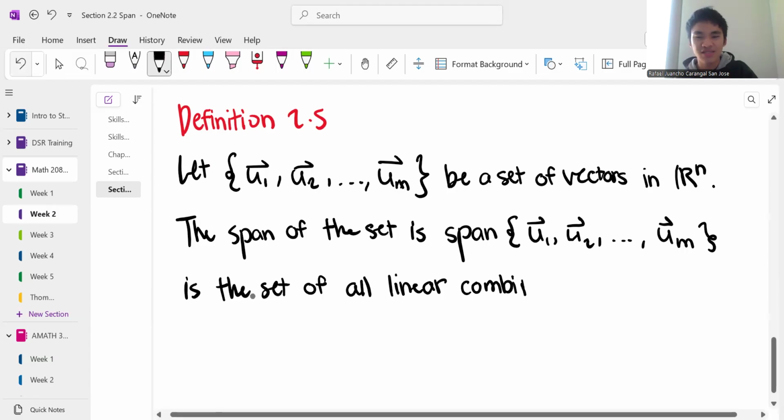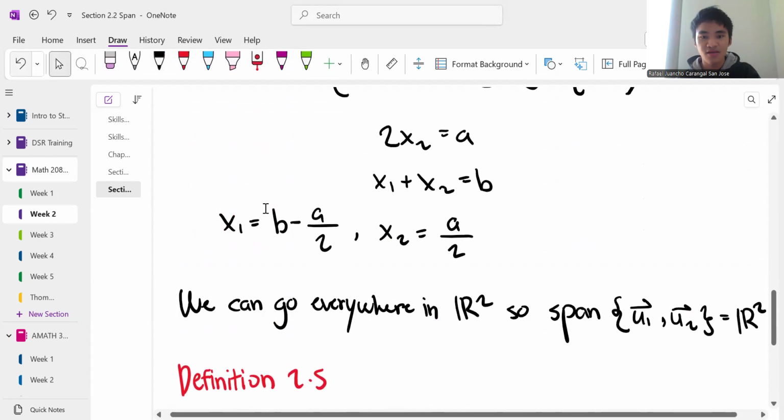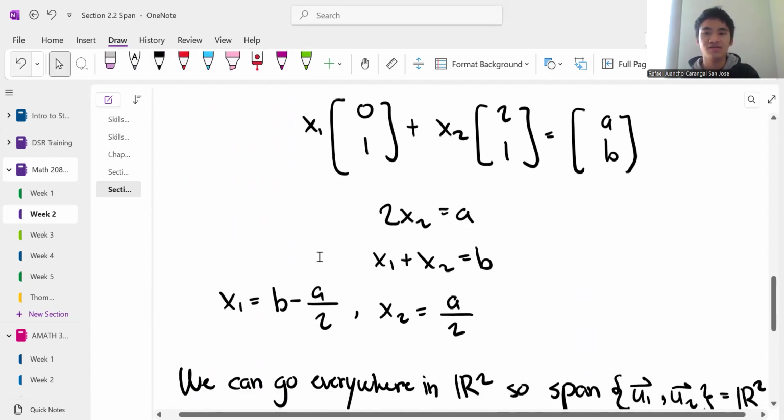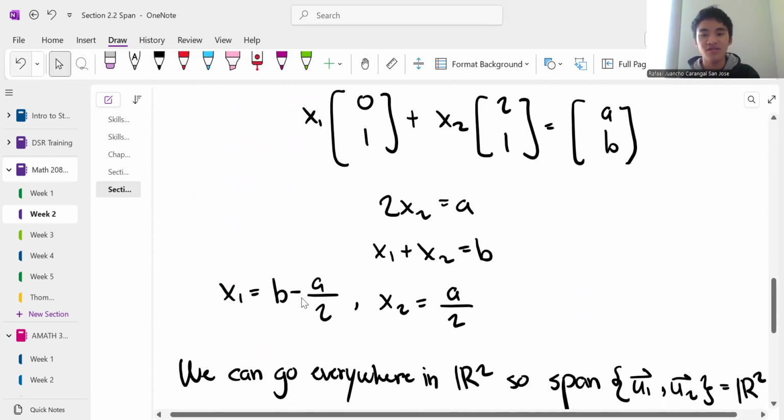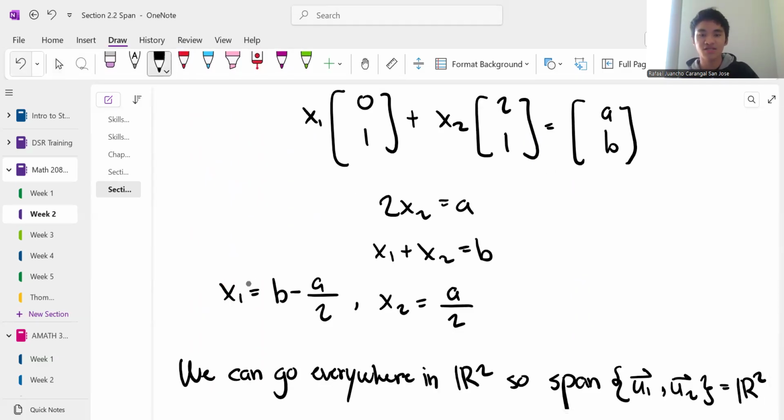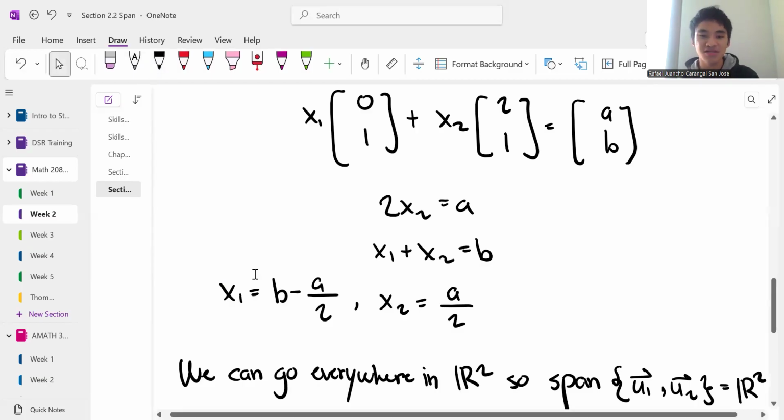Why do we say it's the set of all linear combinations? Because based on this example here, when we found a unique solution for A and B, to get such scalars x sub 1 and x sub 2, A and B could be anything, right? A and B could be anything. And so x sub 1 and x sub 2 could be anything. And so there are a lot of linear combinations, lots of scalars that we can use.